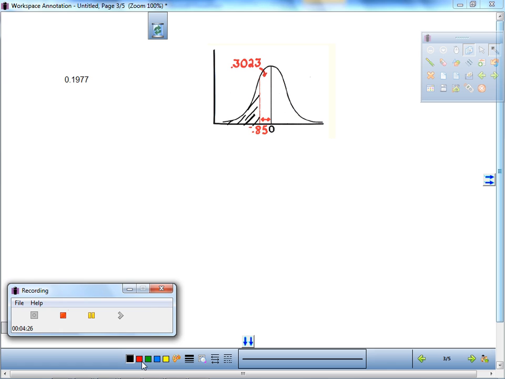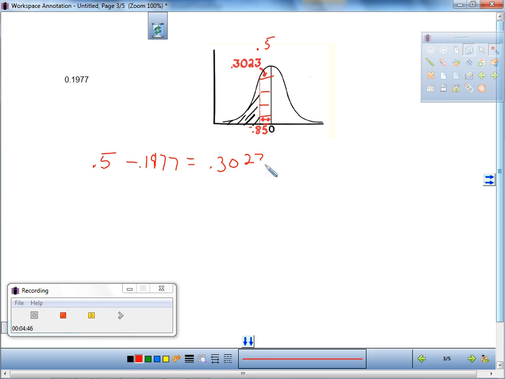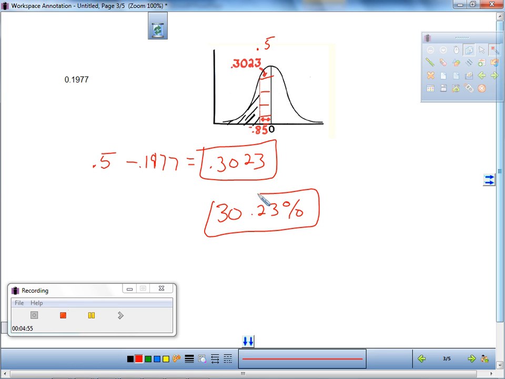We're wanting what's from that number to the mean. So we're wanting this area. Well, from all the way here to the mean would be 0.5. So again we take 0.5 and subtract 0.1977 from it. That's how we come up with 0.3023. That's the probability of the area under the curve, or we could say 30.23% of the data falls between negative 0.85 standard deviations away and the mean.